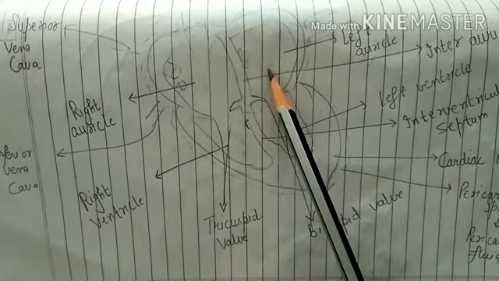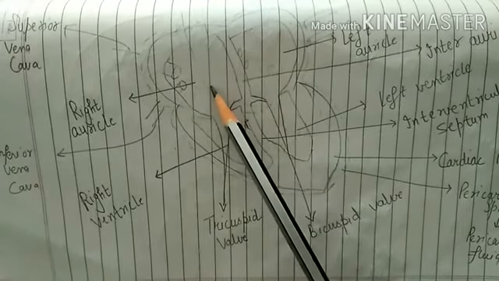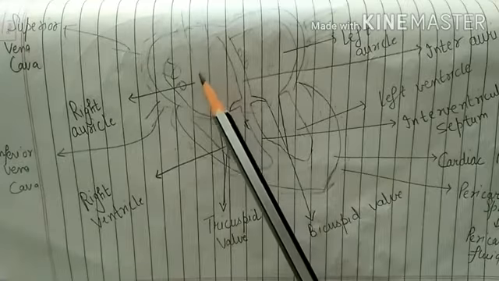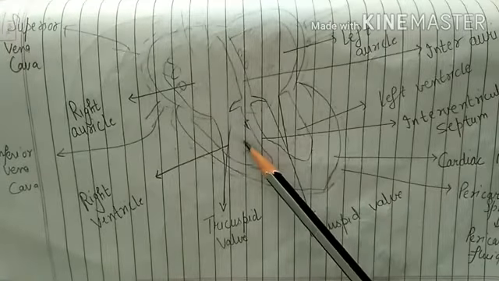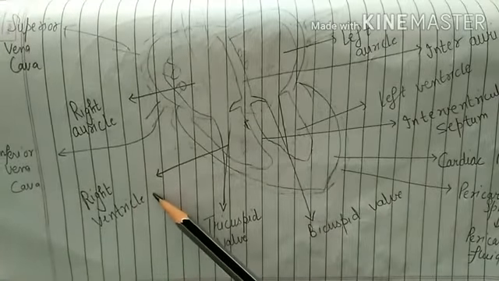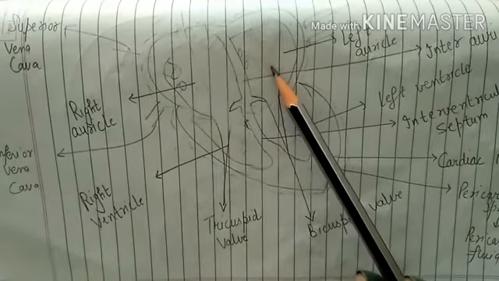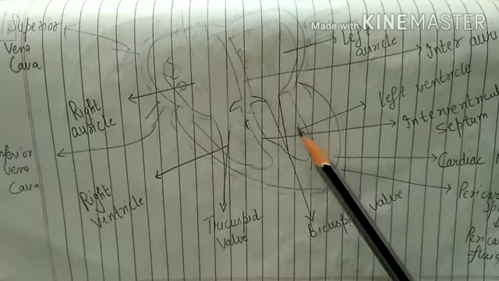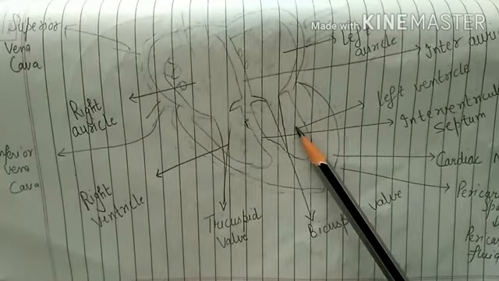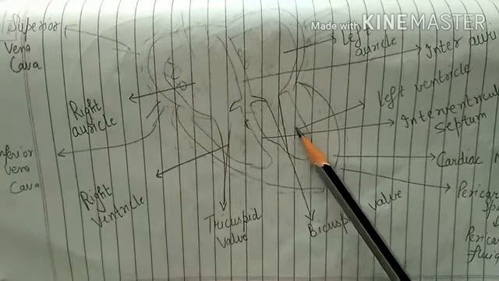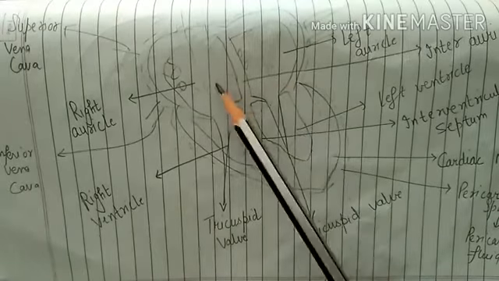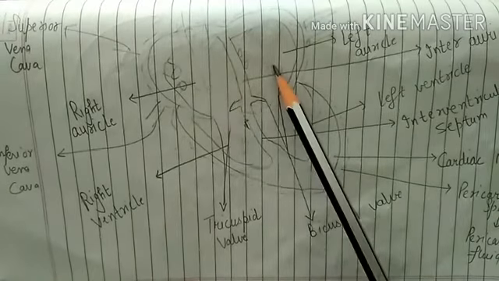Then the deoxygenated blood from the right auricle will be pushed towards the right ventricle, and the oxygenated blood from the left auricle will be pushed into the left ventricle, and both the auricles relax.